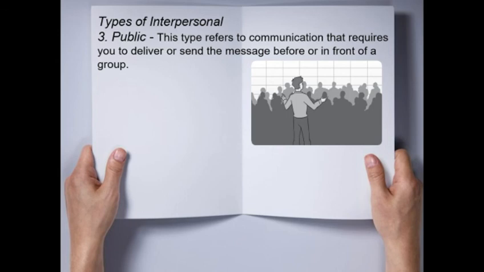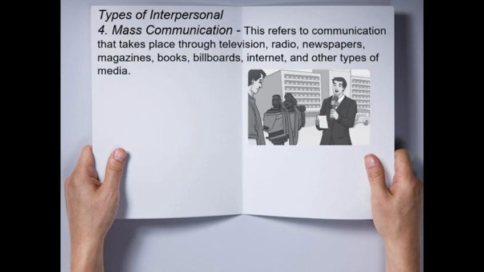Next, public communication. This type refers to communication that requires you to deliver or send the message in front of a group. It is communication between one person and many people in a face-to-face environment. Remember that sometimes you are just the sender of the message and the audience is just the receiver of your content.